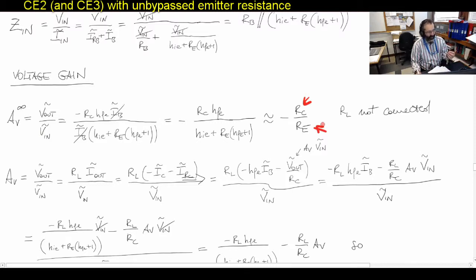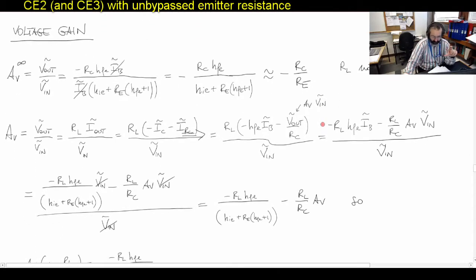This means that the voltage amplification of the circuit is extremely stable and independent from the quiescent point. This is really the key. It is independent from the quiescent point. So this is really interesting.